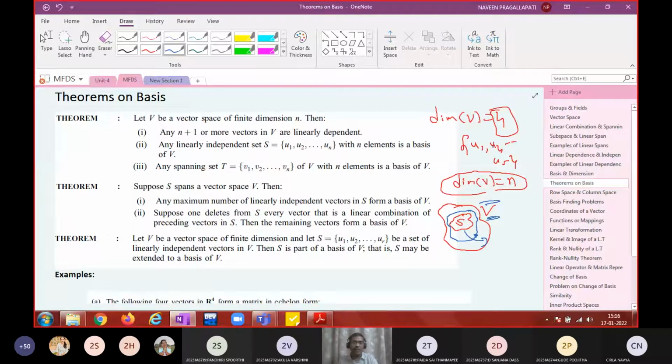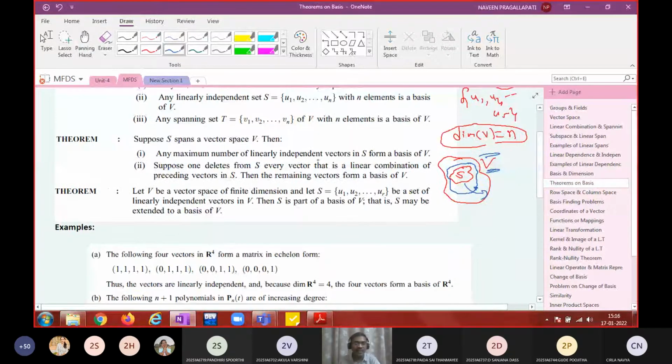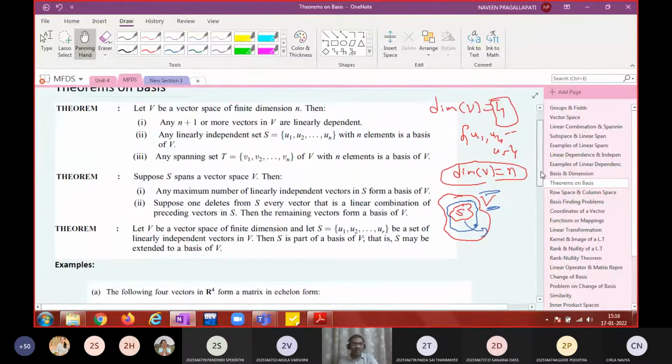If you take any set of vectors which spans a given vector space, the number of elements in that set is definitely equal to or more than the number of elements in a basis. So that is what these results are telling.